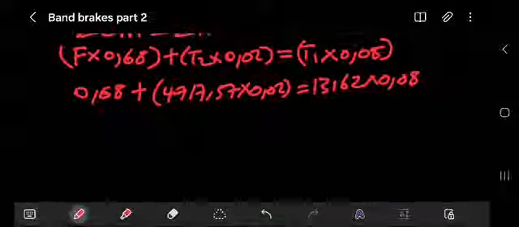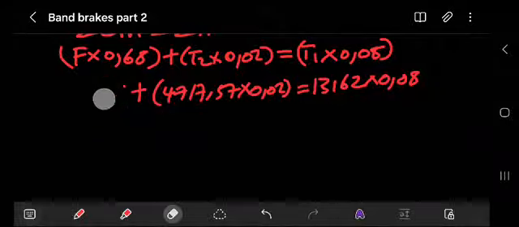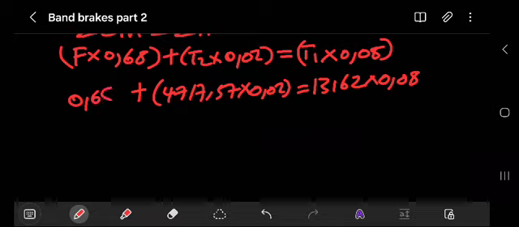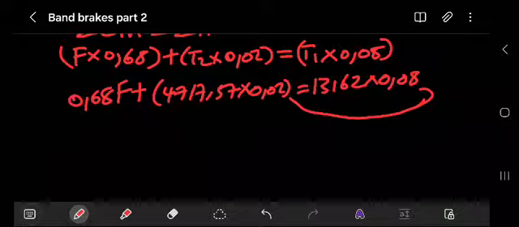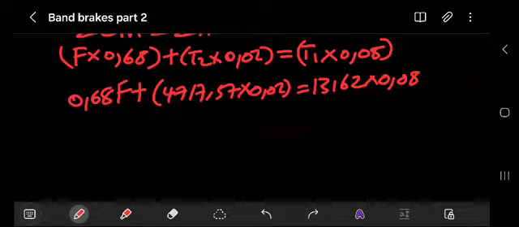Now, 0.68 F, right? Then we know the maths. You take this to the other side, it will be negative. All right, we know the maths.